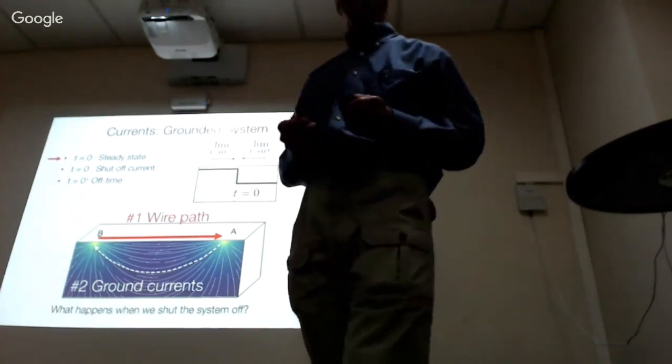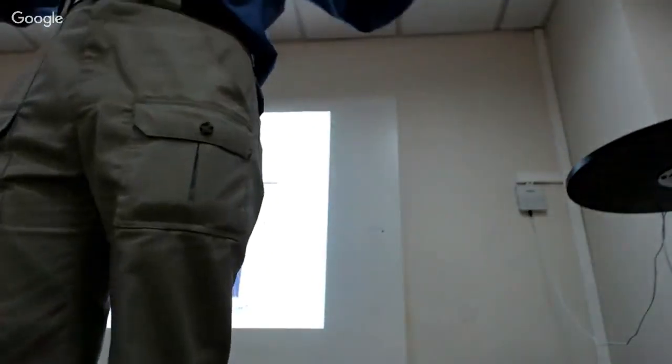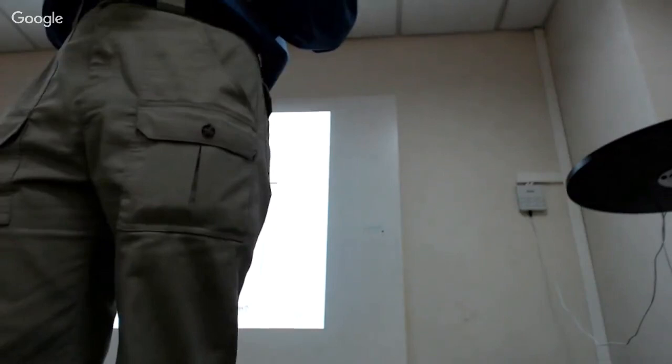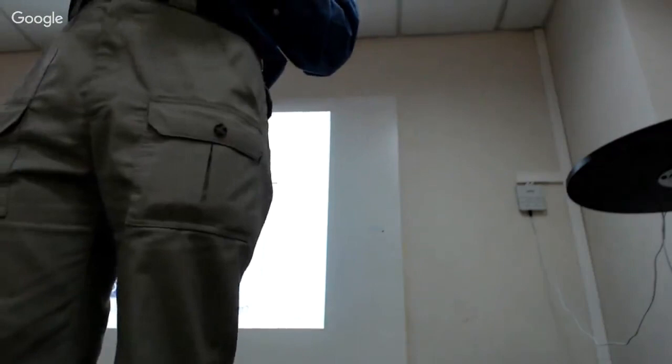Right? Yeah, so there's nothing in the wire. I turn the wire off, there's nothing happening in the wire. What happens outside the wire? Well, you should expect to see some secondary currents in the ground. As long as you stop the. That's right.